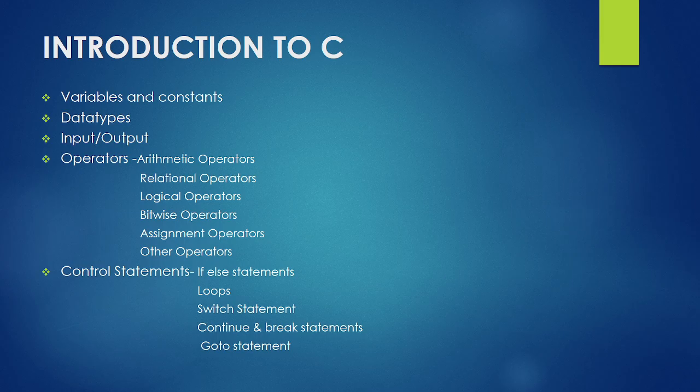And we have also seen control statements like if else, if else if, and nested if else. We have also seen loops, which include for loop, while loop, and do while loop. And we have also seen the switch statement, continue and break statements, and goto statements.